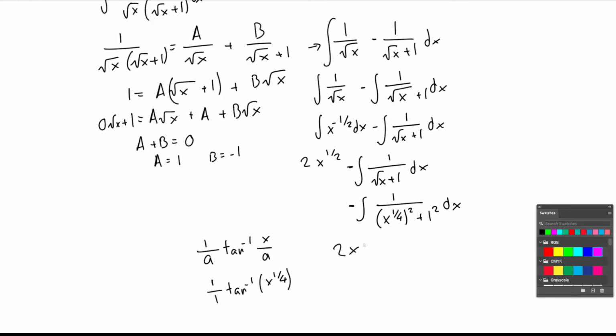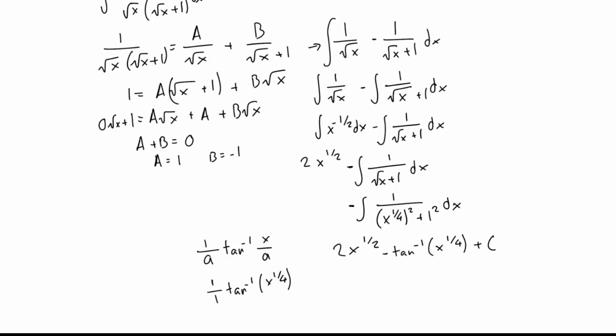So we're left with 2x to the 1/2 minus tangent inverse of x to the 1/4 plus c. Now I probably did something wrong. What is this?